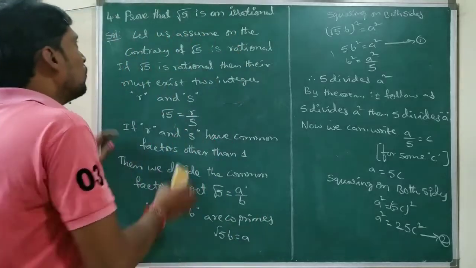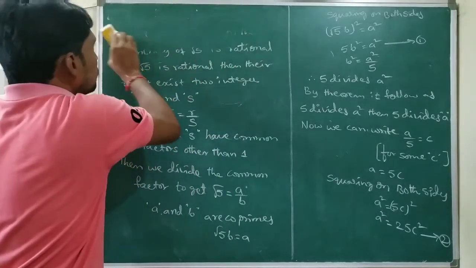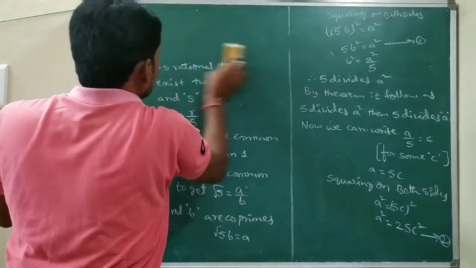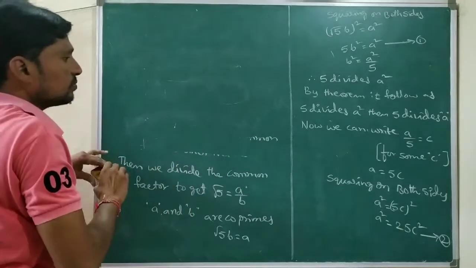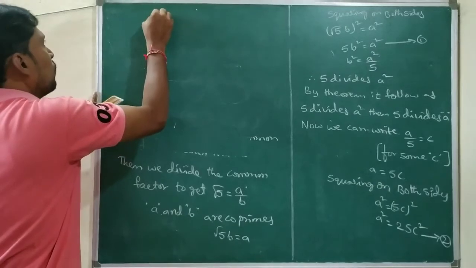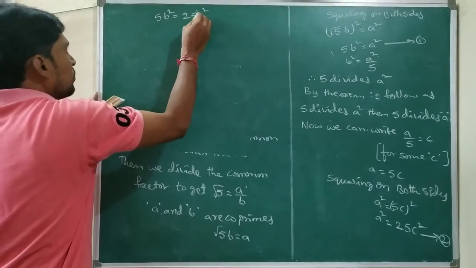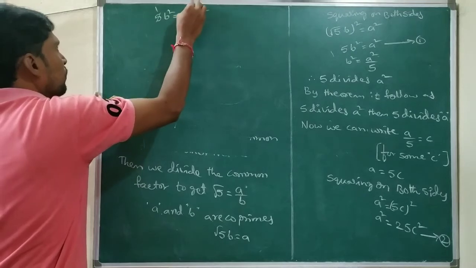So from 1 and 2 we can write 5b square equals 25c square. 5 ones are 5, 5 fives are 25.